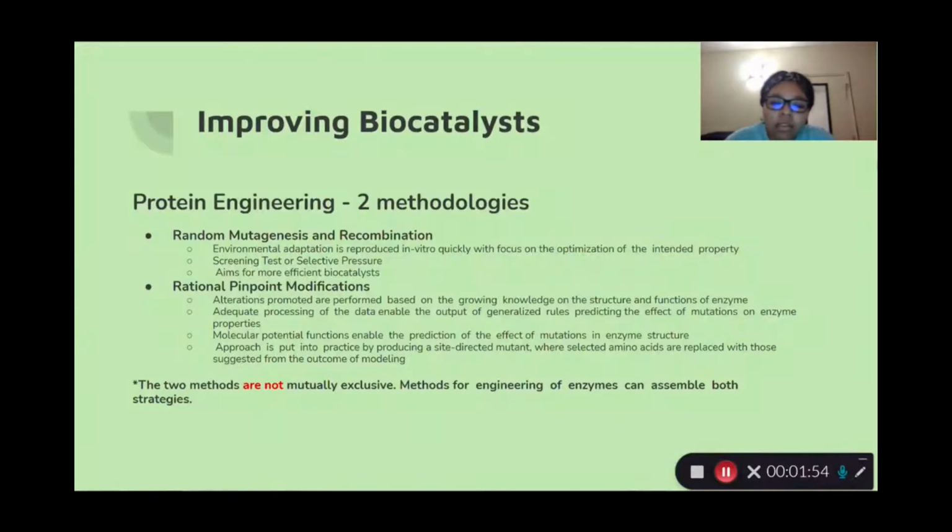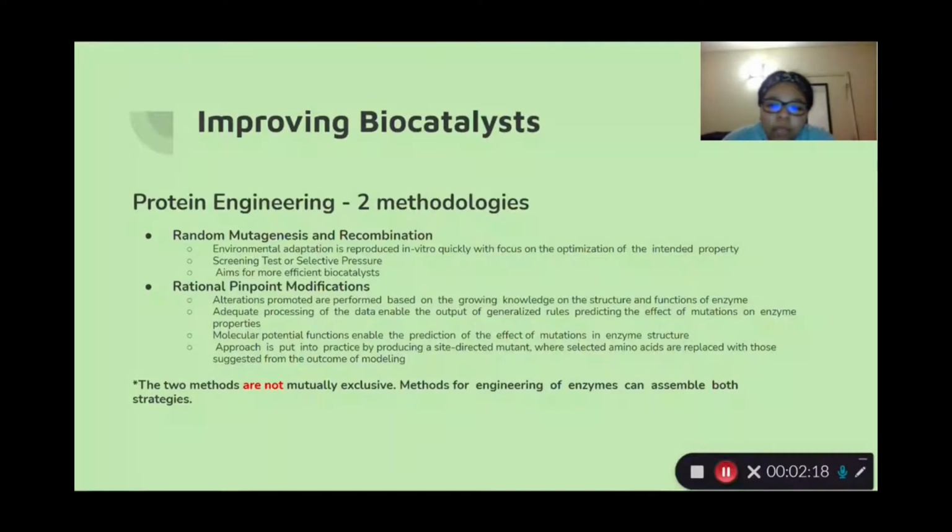Also, screening tests and selective pressures are used for random mutagenesis and recombination, and it is aimed for more efficient biocatalysts. On the other hand, rational pinpoint modifications are alterations promoted and performed based on the growing knowledge on the structure and function of the enzymes.